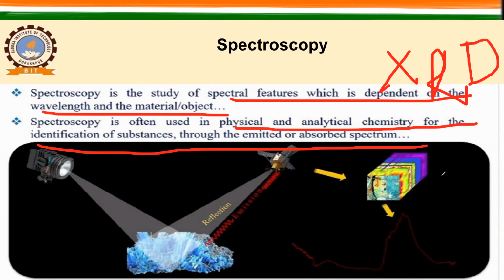Then you have to prepare the sample according to the requirement, and then that instrument will give you the information. Either it is absorbed information or reflected or transmitted information, and that will be available in terms of spectra, spectral signature. And again, you will analyze those spectral signatures to identify the material composition.